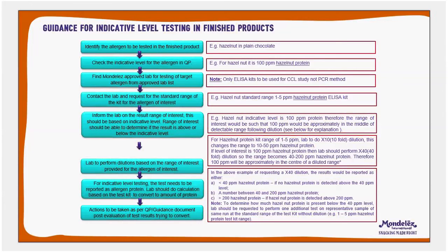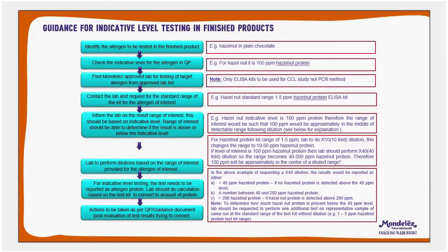You may get a result reported as less than 40 ppm hazelnut protein. And what that's telling you is there's no hazelnut protein present above 40 ppm. You might get a number between 40 and 200, and then you'll have to decide whether it's above or below the 100 ppm of the indicative level. Or you might get a result reported as greater than 200, and that would clearly be above the indicative level.